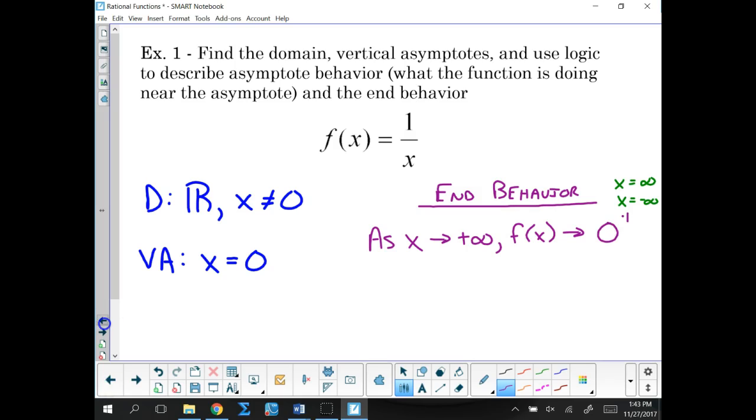It's going to go to 0 from above. Because it's positive. It's getting closer and closer to 0 from the positive side.